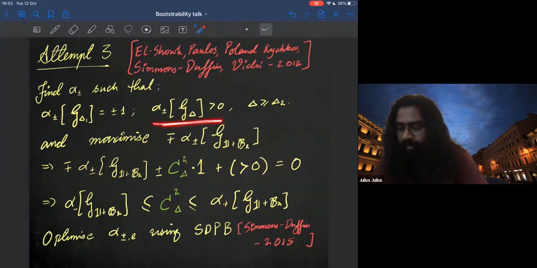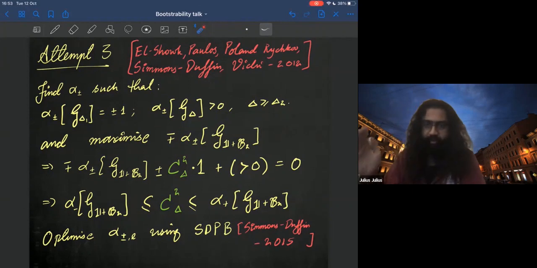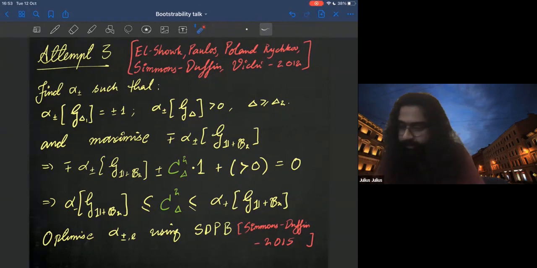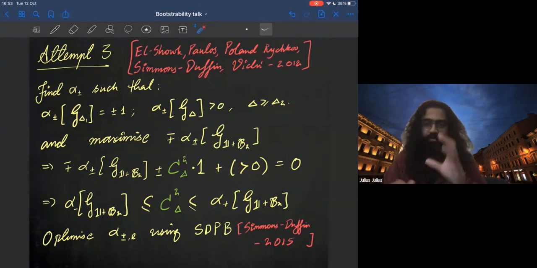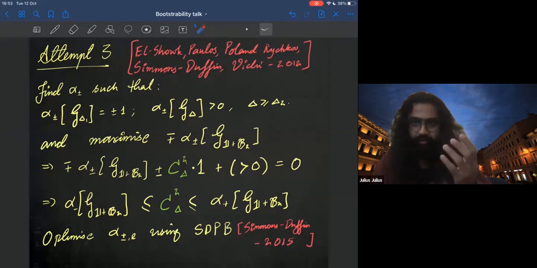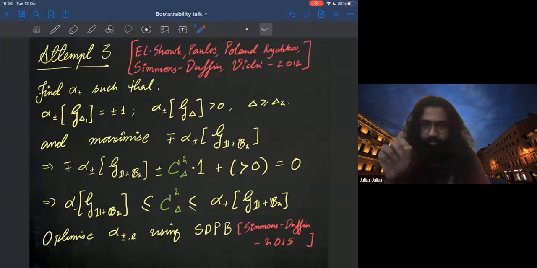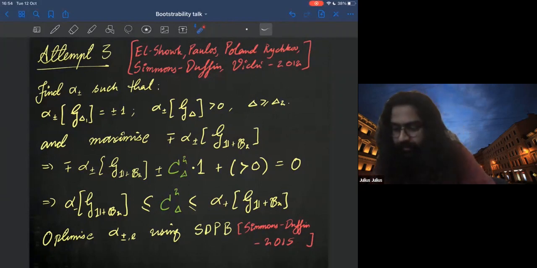They are greater than 0 for all states after a particular point. So in this case, suppose I want to find the OPE coefficient of the first insertion, the state corresponding to the insertion of phi parallel, then I just say alpha plus-minus acting on G delta 1 equals ±1. And then from G delta 2 onwards, I keep it greater than 0.